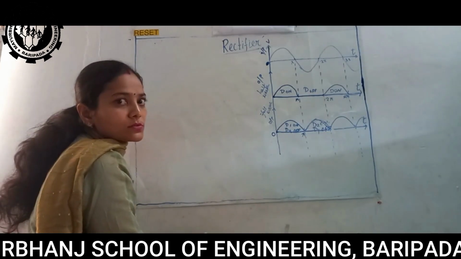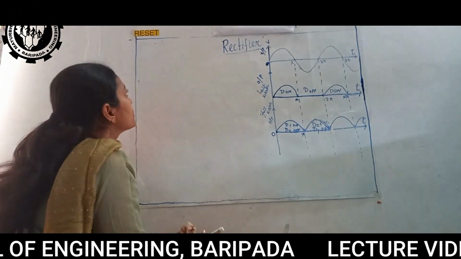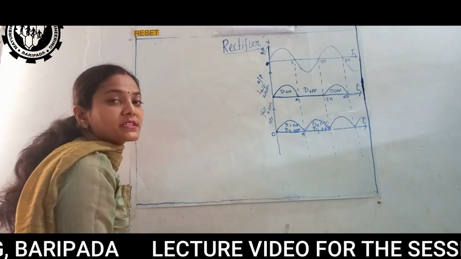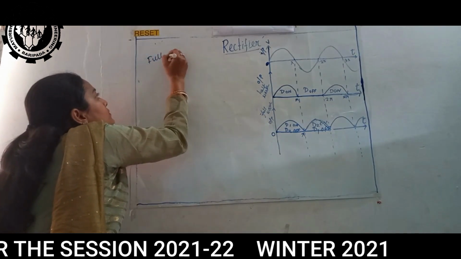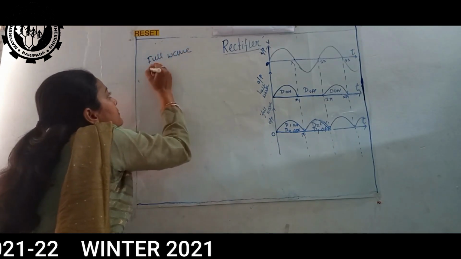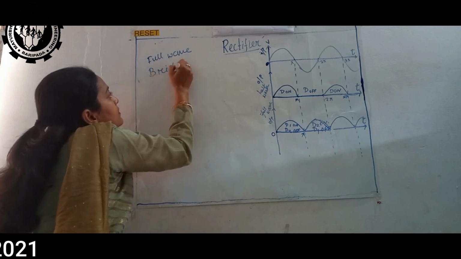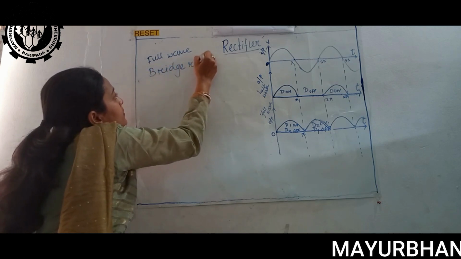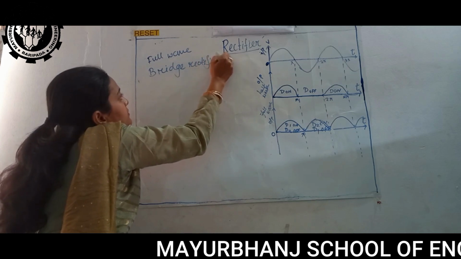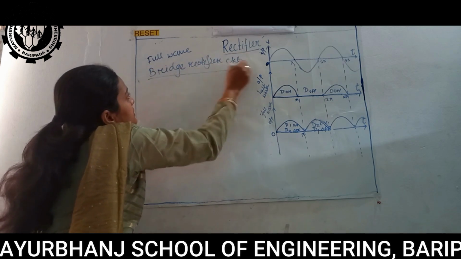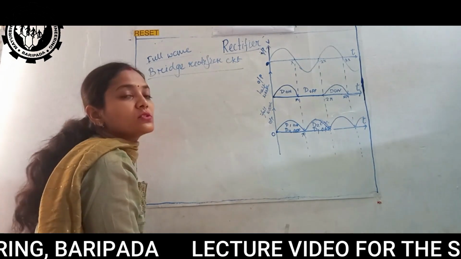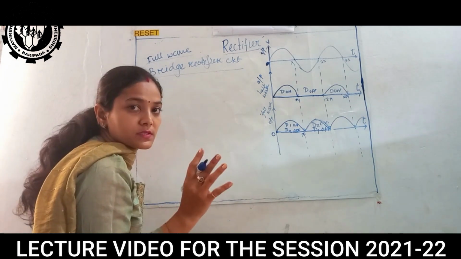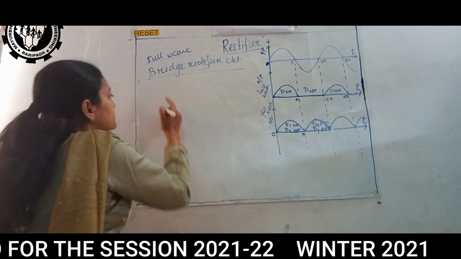Now we are going to draw a circuit of a full wave bridge rectifier. What happens in this full wave bridge rectifier circuit? We are using 4 diodes here, unlike the center tap.